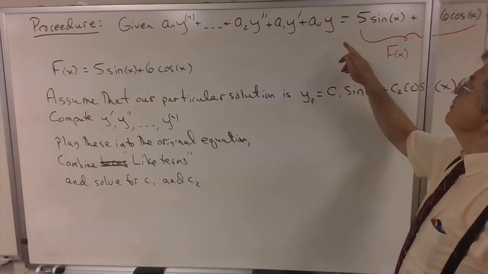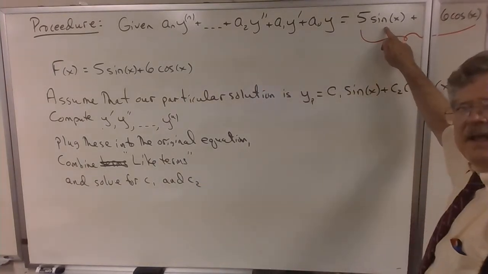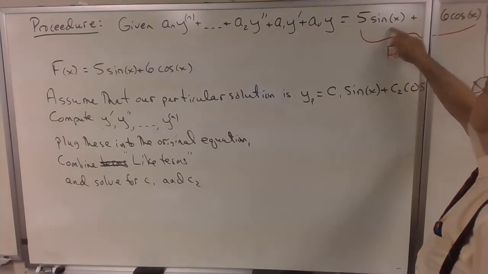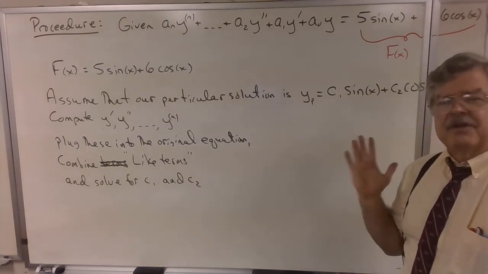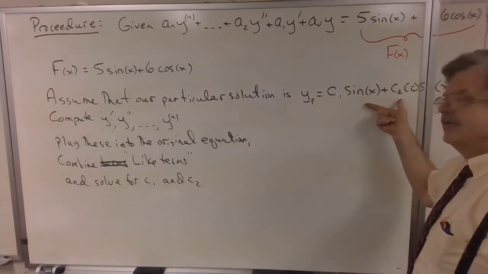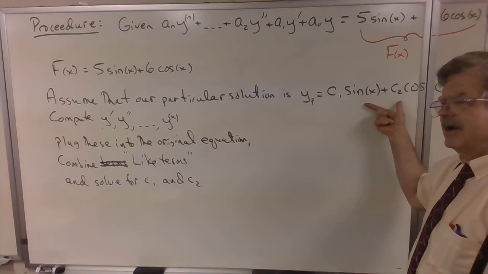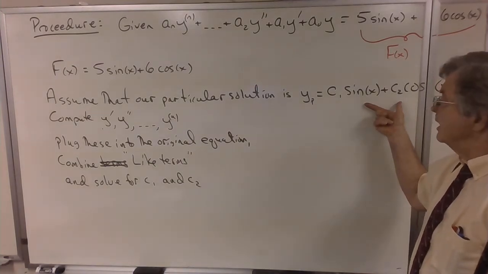You see, we're convinced that since the right-hand side of this equation is a linear combination of sines and cosines, our particular solution also has to be some linear combination of sines and cosines.